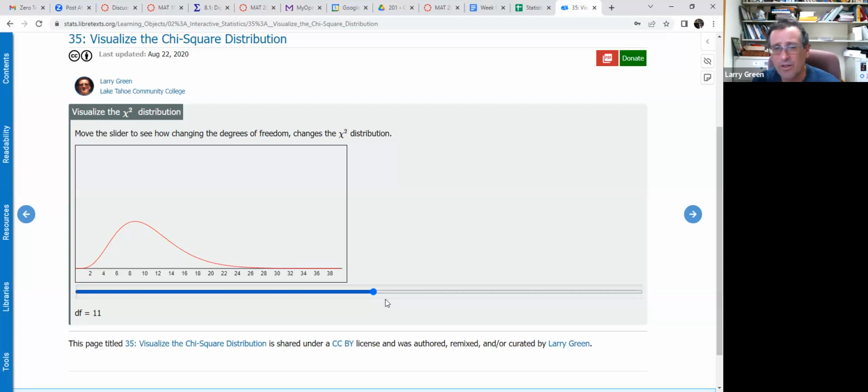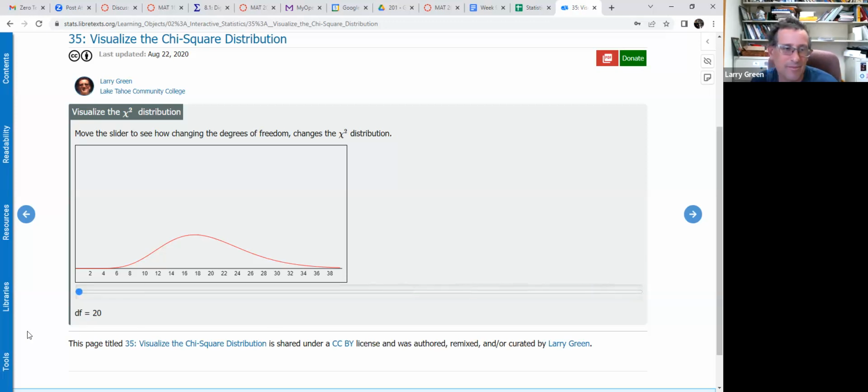Yeah, it's a little more normal. If you have a lot of degrees of freedom, and I'll go to the end, then it looks very normal. Okay, it's not perfect, but it looks a lot closer to being normal. But if you only have a few degrees of freedom, here's 1 degree of freedom, it's not even close to being normal, just skyrockets up at 0, actually. Then that's what it looks like.